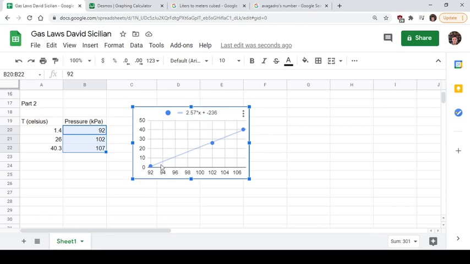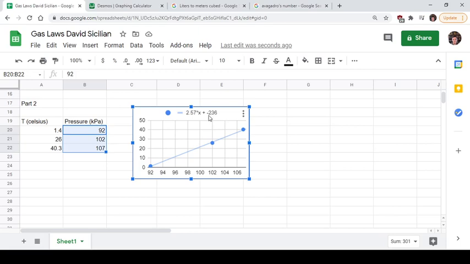Then you could ask yourself the question, well, at what temperature would the pressure reach zero? If we were to keep lowering the temperature and recording more and more data, would it be possible to reach a temperature where the pressure inside the chamber would reach zero?